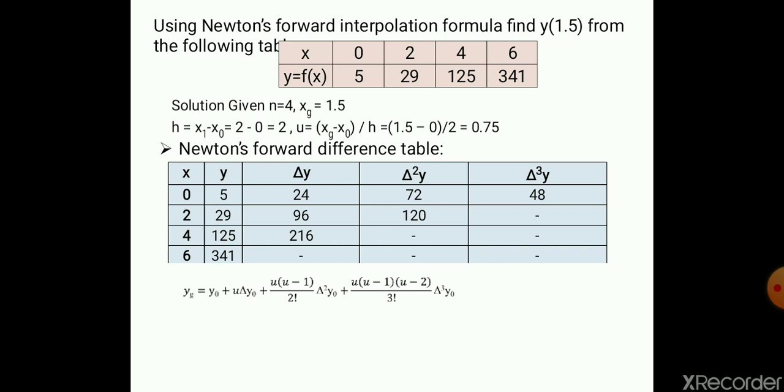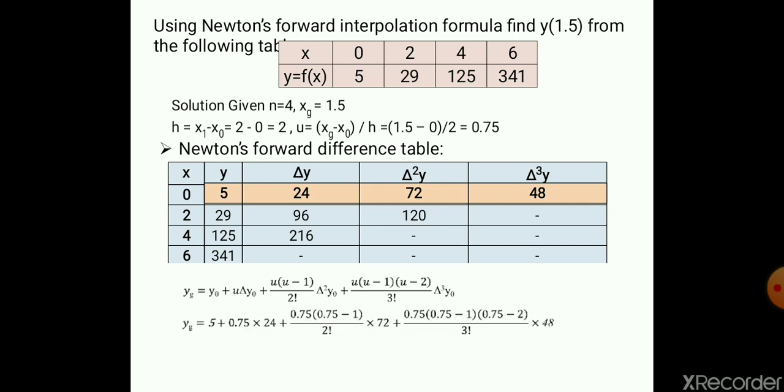So yg is equal to y0 plus u into del y0 plus u into u minus 1 upon 2 factorial into del square y0 plus u into u minus 1 into u minus 2 upon 3 factorial into del cube y0. Just put the respective value of u is equal to 0.75 and the first difference, that is del y as 24, del square y as 72, and del cube y as 48 in the formula.